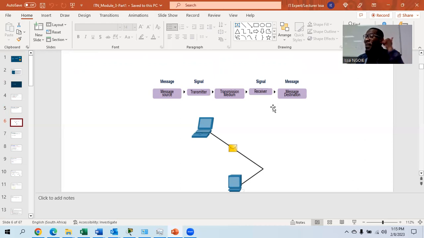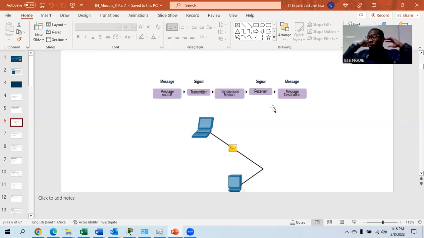So you got your message, you got the transmitter, the device that you're going to use, and you got the transmission medium or the channel that you're going to use, wireless or wired. And when your message goes, there must be a receiver, a device that will receive that message, and the owner of the message will receive it, right? This is just the meaning of this. We are just at the beginning, so we are showing you how the communication happens between computers, right?